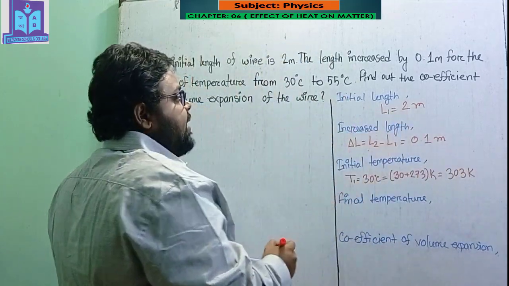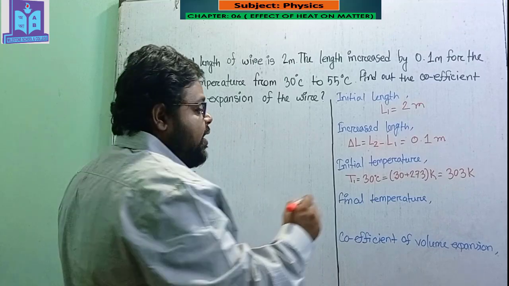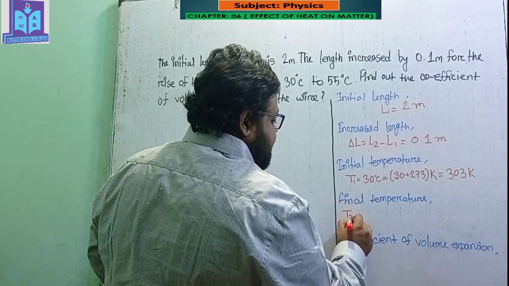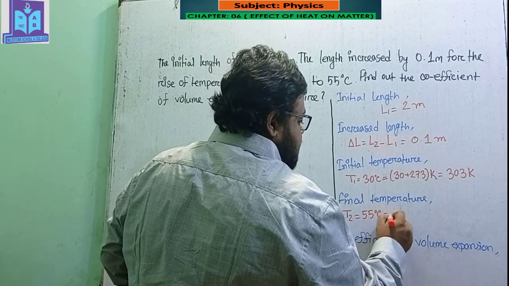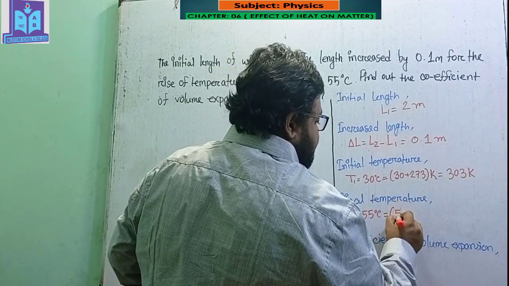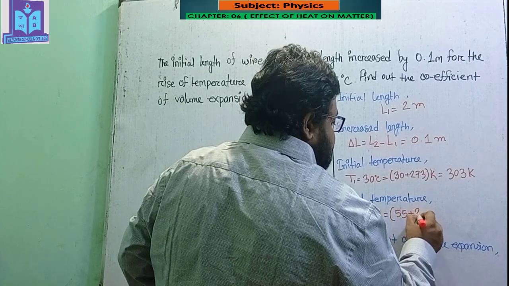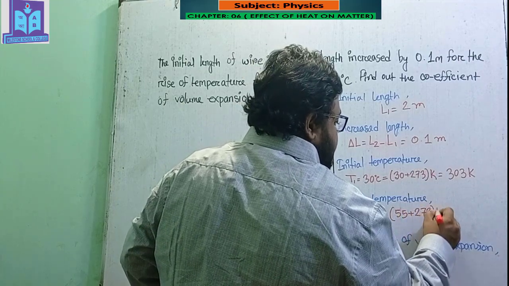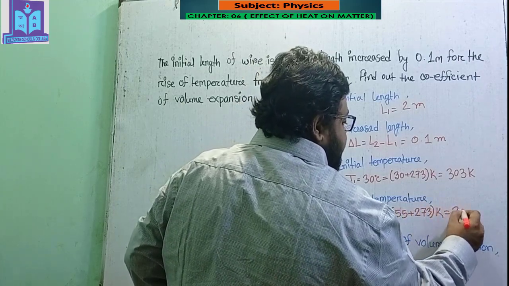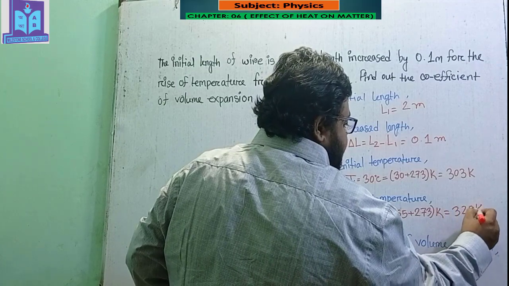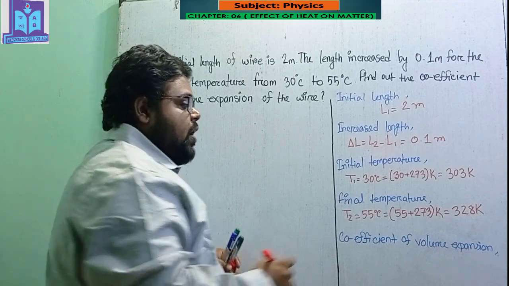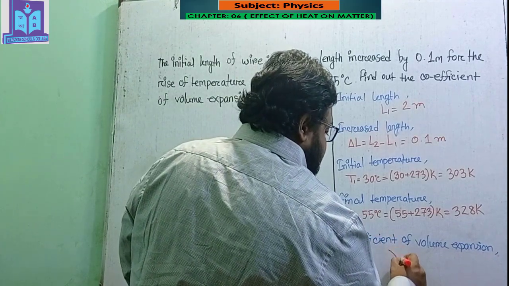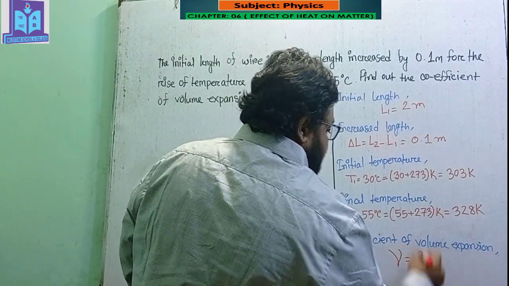And the final temperature is 55 degrees Celsius, that means 55 plus 273 Kelvin equals 328 Kelvin. I have to find out the coefficient of volume expansion gamma equals what?